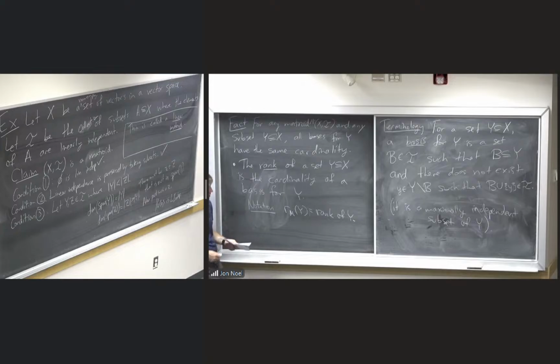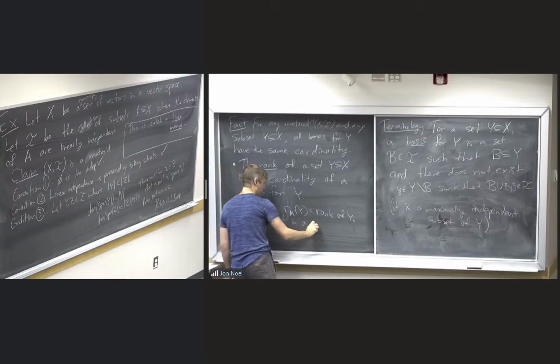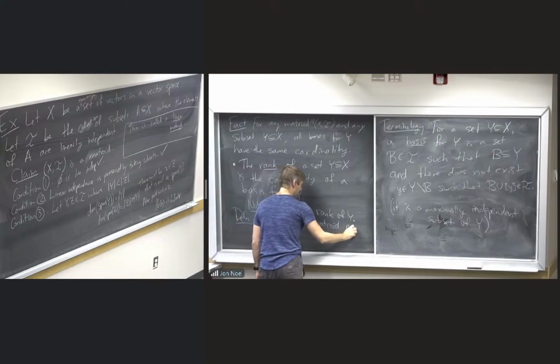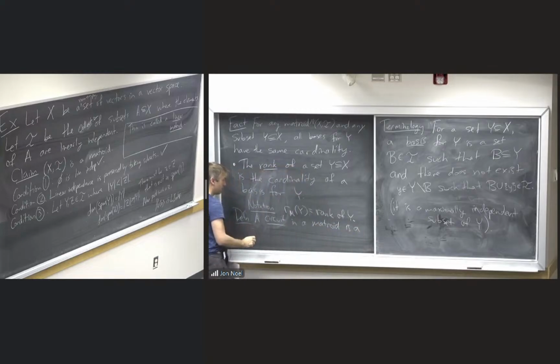It's kind of unfortunate that I have to keep giving you definitions, but we can't do anything until I give you a lot of them. So I'm going to give you one more definition. A circuit in a matroid. A basis was a maximally independent set. A circuit is going to be a minimally dependent set.